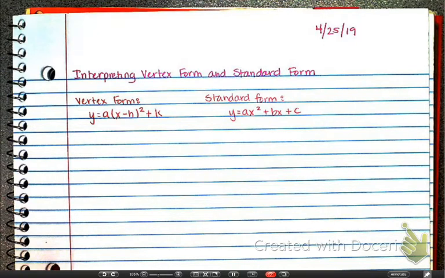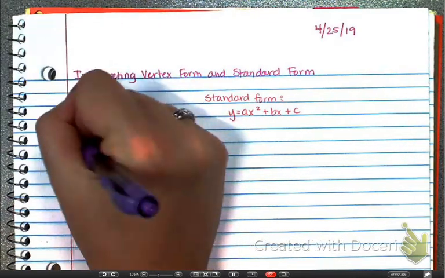They both have a squared. Super important. Any equation where the highest exponent is a 2 means it's a quadratic equation.